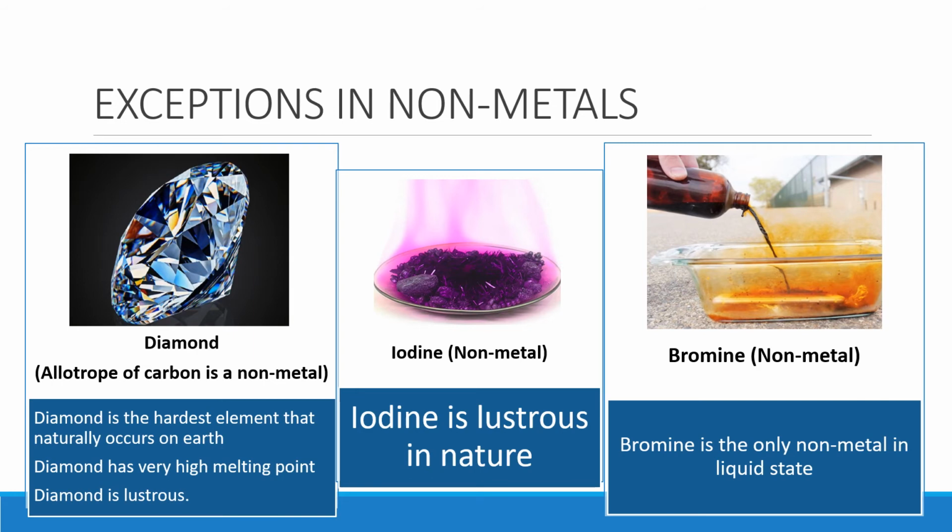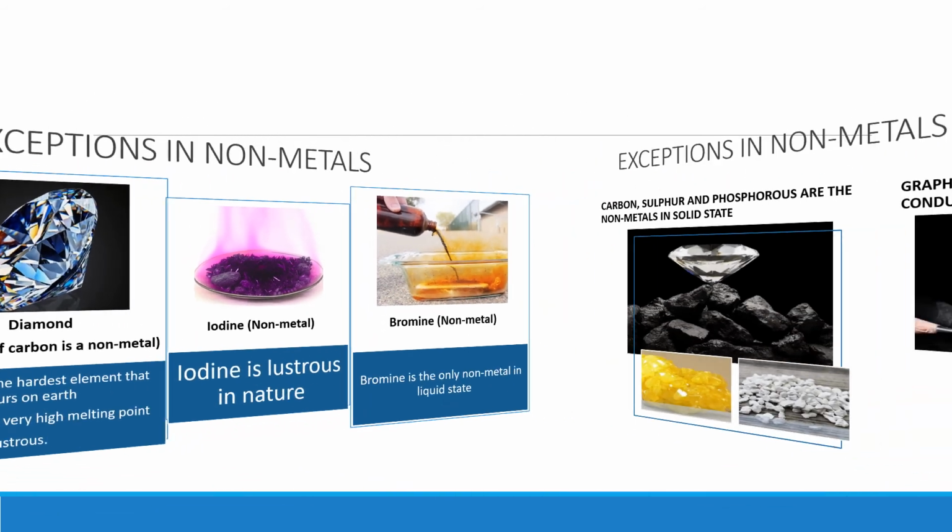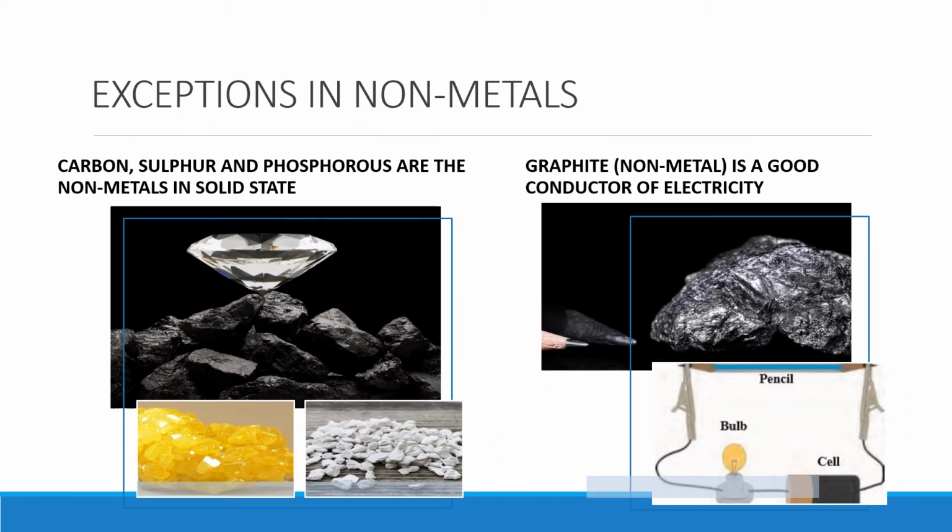Bromine is the only nonmetal in liquid state. Generally, nonmetals are in gaseous state, but carbon, sulfur and phosphorus are the nonmetals in solid state. Nonmetals are poor conductors of electricity, but graphite, one of the allotropes of carbon, is a good conductor of electricity.